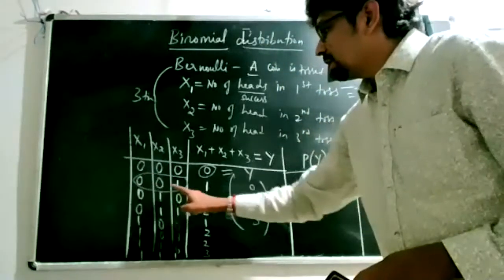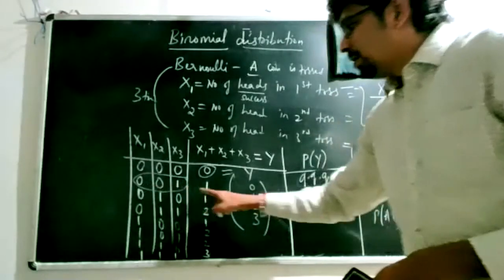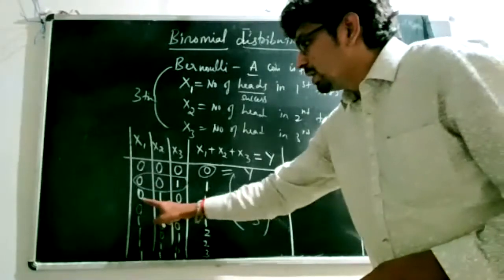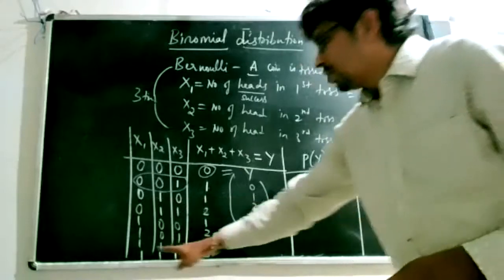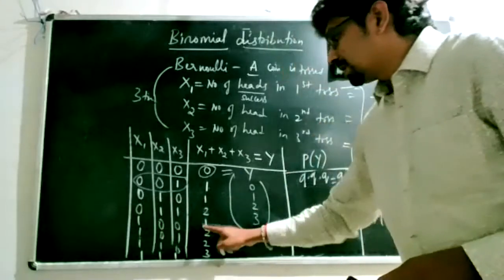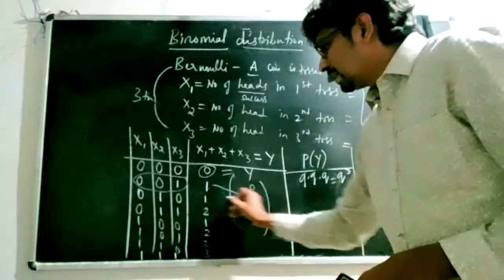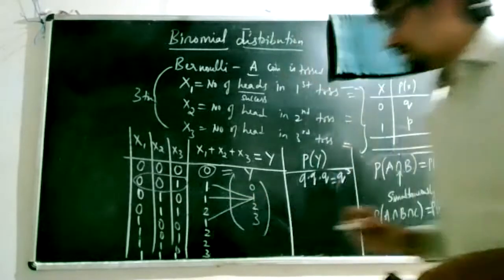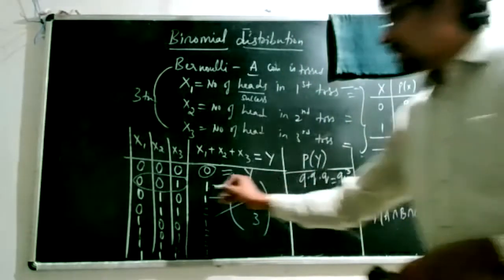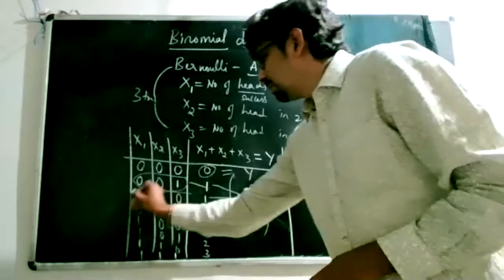Now, using the same technique, you can obtain the other probabilities. So 0, 0, 1 produces 1, or 0, 1, 0 produces 1, or 1, 0, 0 produces 1. So for getting the total of y equal to 1, you can have three cases of the Bernoulli.